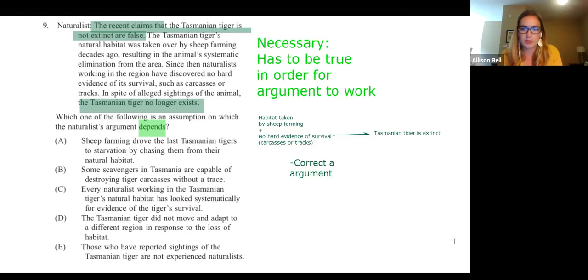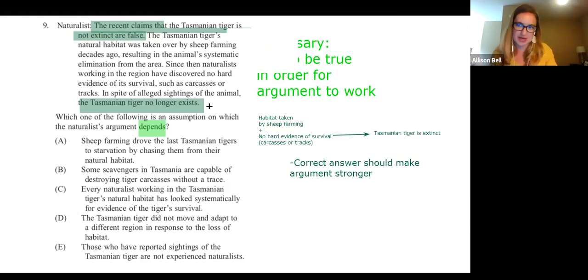Okay. See a couple of people saying B. I agree with that. If there are these scavengers who can destroy tiger carcasses without a trace, then that puts some doubt in my mind, like, okay, you haven't found the evidence, but maybe there were some tigers and these scavengers just destroyed the carcasses, and so you don't know that they're there.